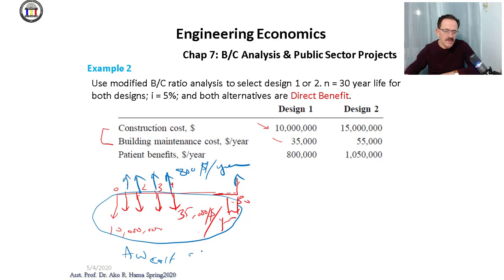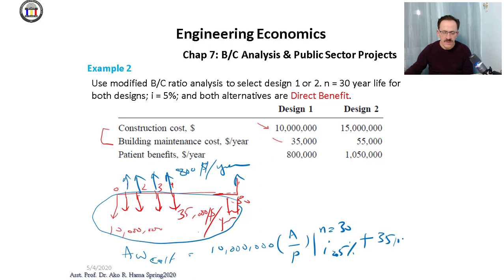The 10 million is the first cost, so this is P, and I want it to be A, for n equal to 13 and i equal to 5%, plus every year we have to pay $35,000, which is dollars per year.